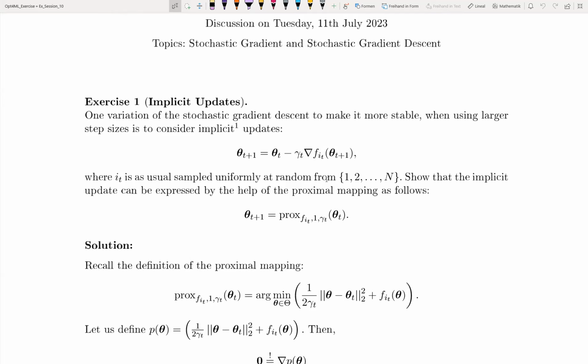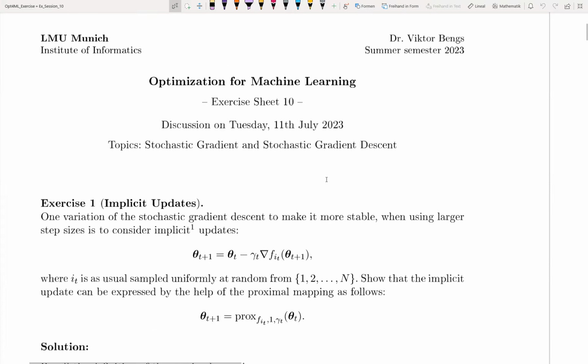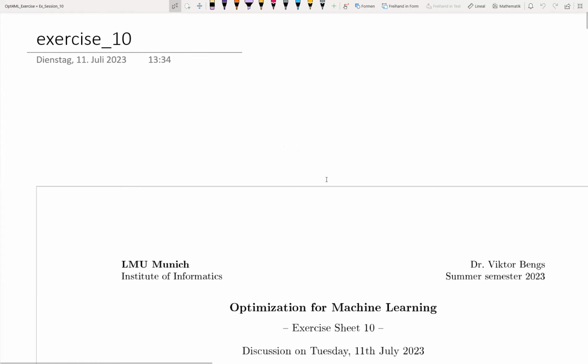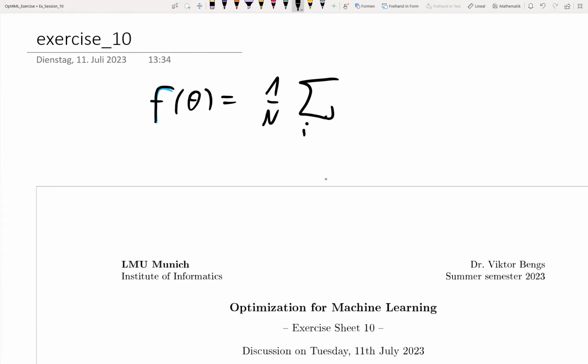So the stochastic gradient descent, just to have a quick reminder what the stochastic gradient descent was. It's tailored to deal with objective functions which have a sum structure of this kind. So we can write it down as the sum over individual f_i functions, sum them up and then divide by n.